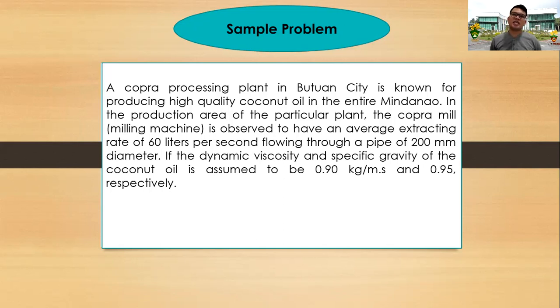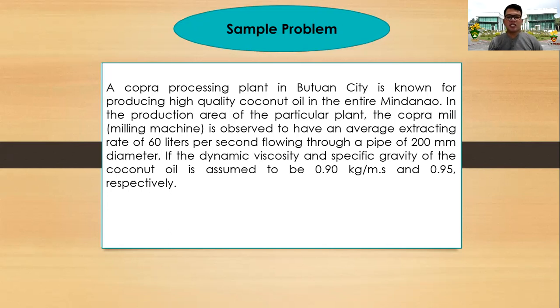So after extracting the oil from the copra meat, it is transported from the mill to maybe the packaging area, using a 200 mm diameter pipe. So the extracted oil flows through the pipe.